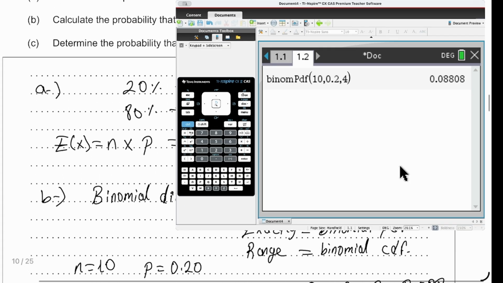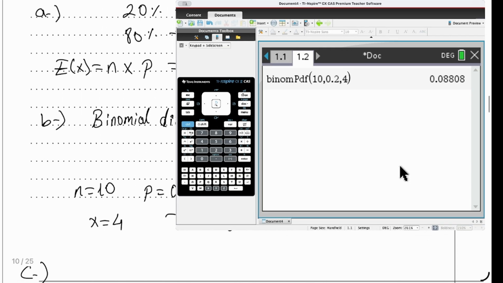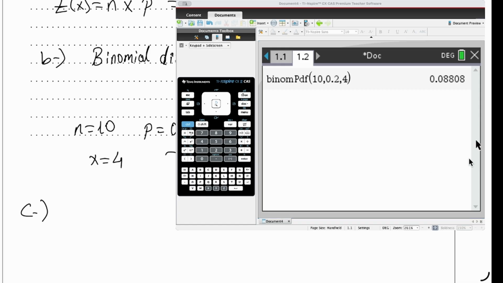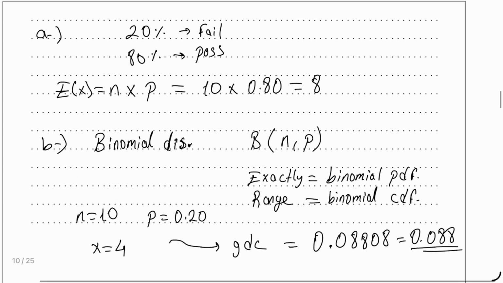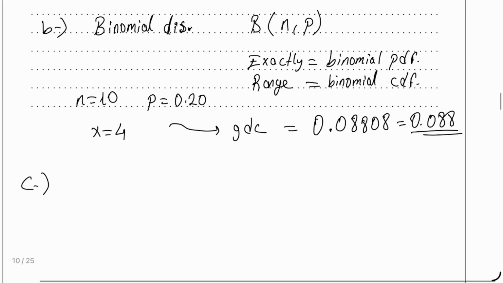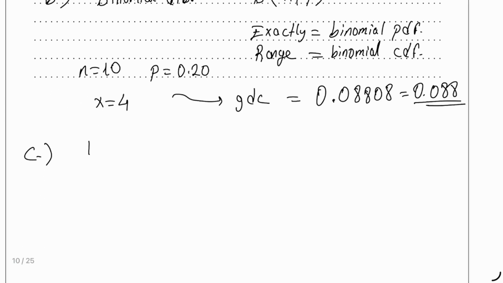Fewer than 7 people. Imagine we have 10 people, right? You should know one thing here, guys. In binomial distribution, our variables are discrete. Imagine we have 10 people.